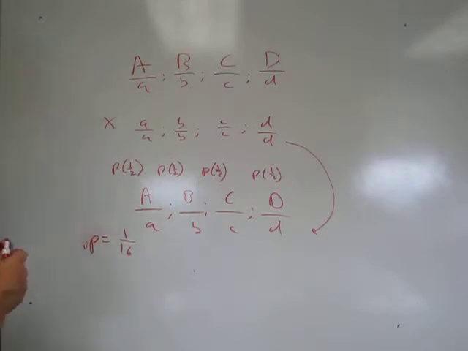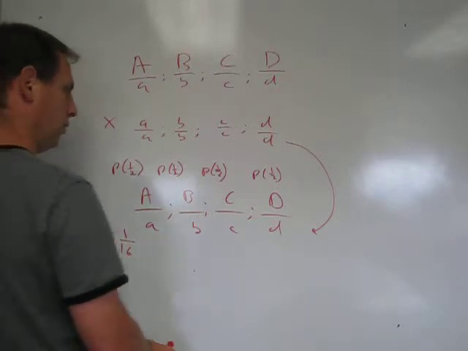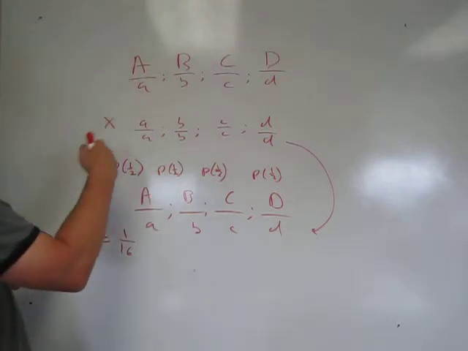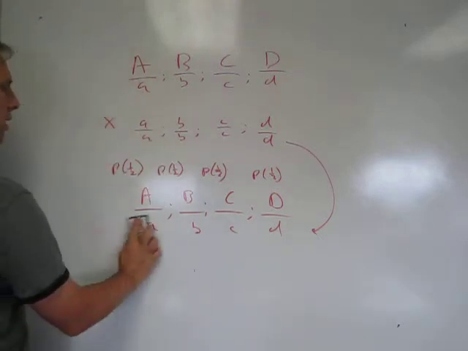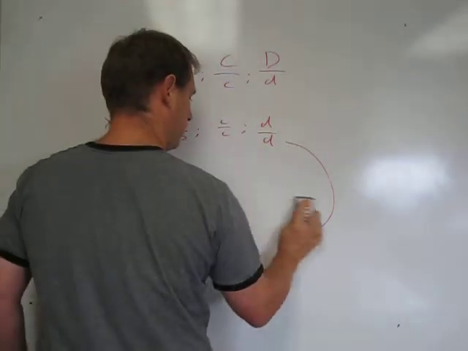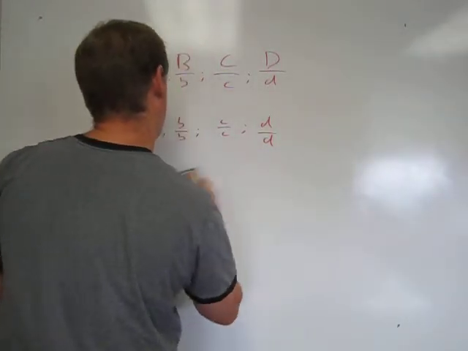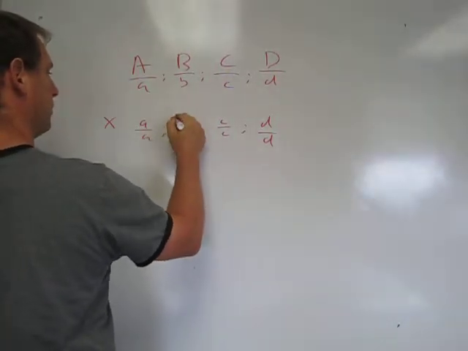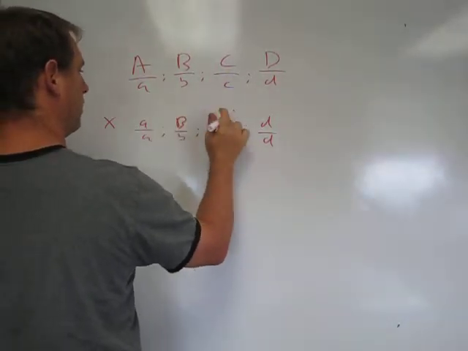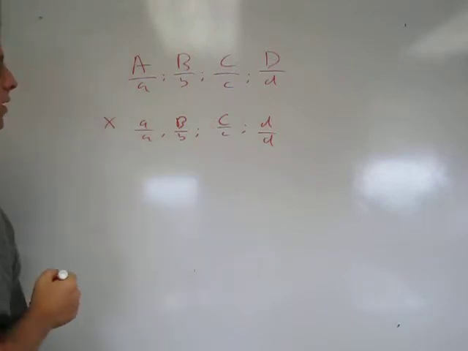Okay. Now, of course, you can even elaborate that even more and imagine more complex types of genotypes. For example, what if this individual was big B, big C? Okay.